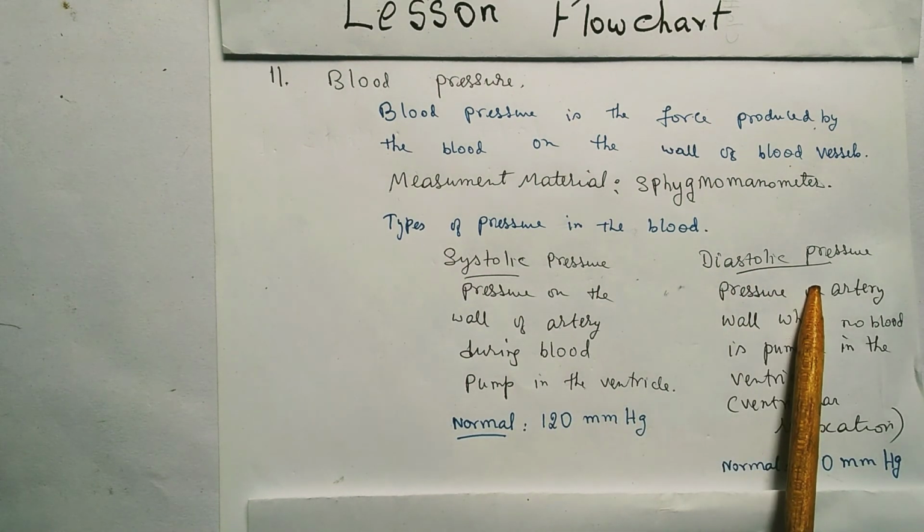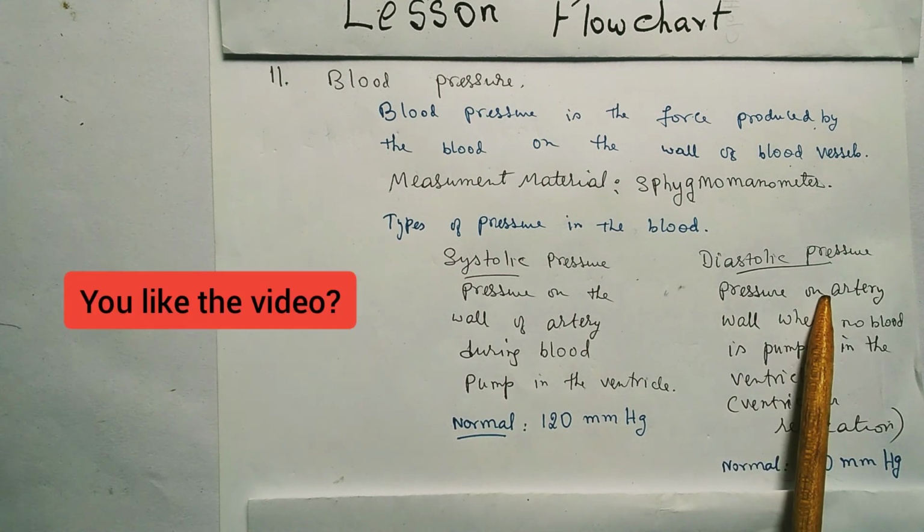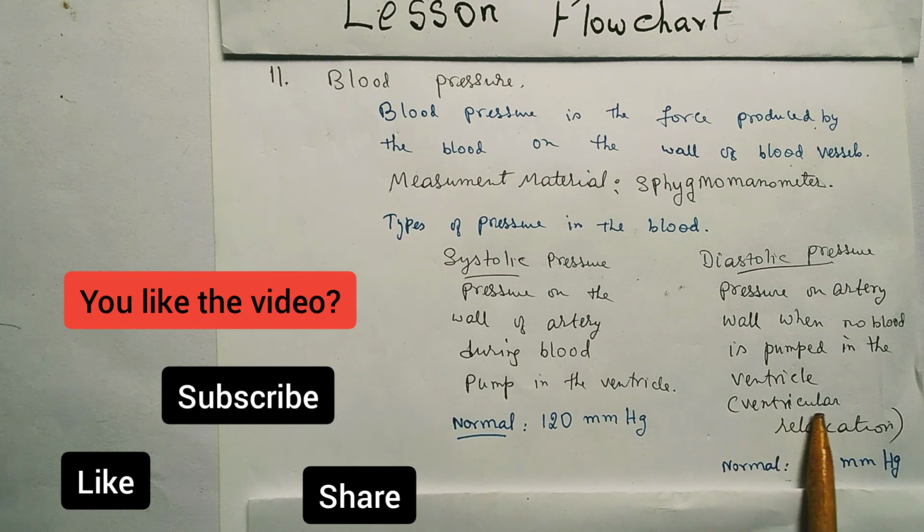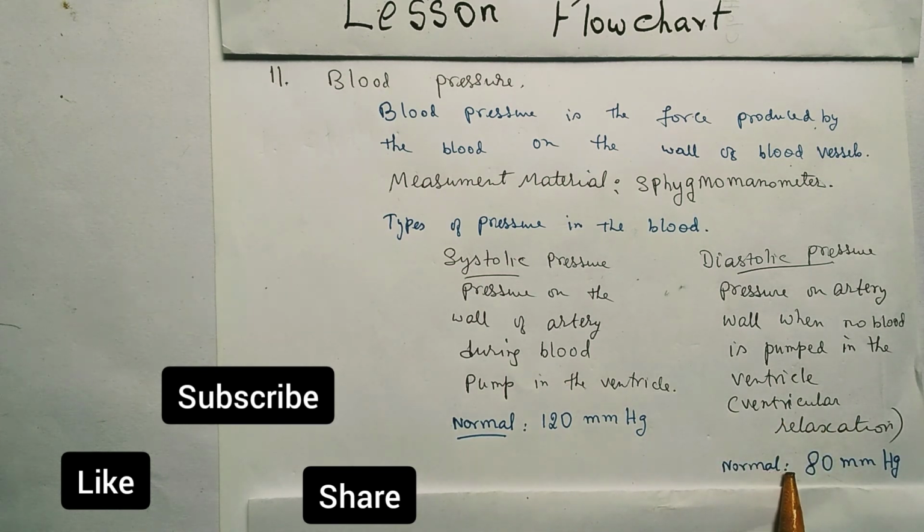And diastolic pressure is the pressure experienced by the artery at the time when there is no pump in the heart, or say during ventricular relaxation, and in a normal human being, that pressure is measured as 80 mmHg.